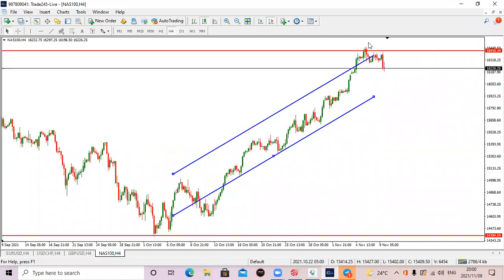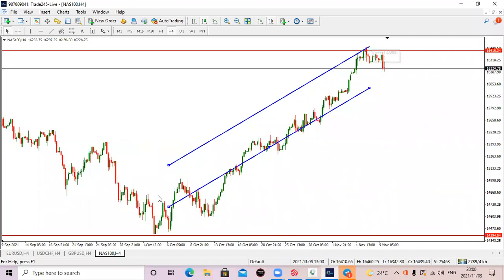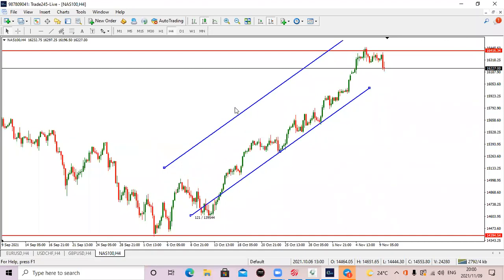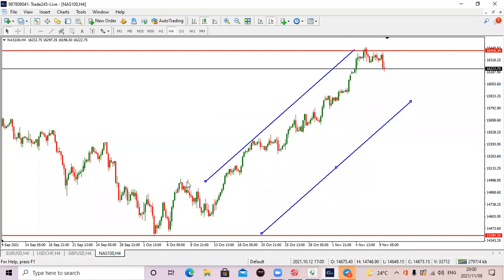Okay, so this is my structure. That's the high there. You need to mark that high. Remember, when you're marking, make sure the high is marked all the time.